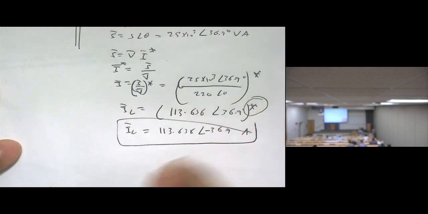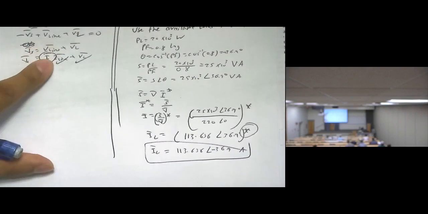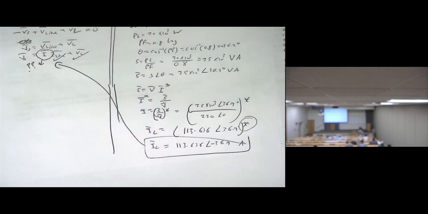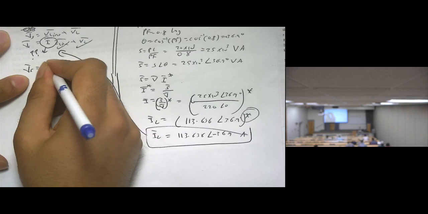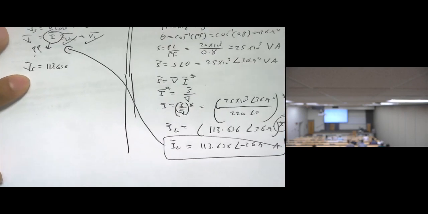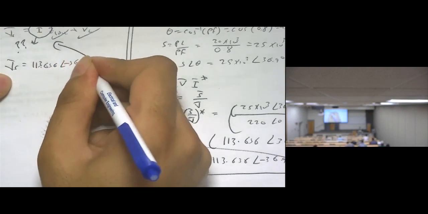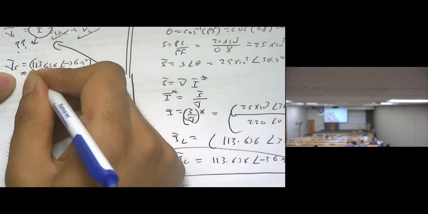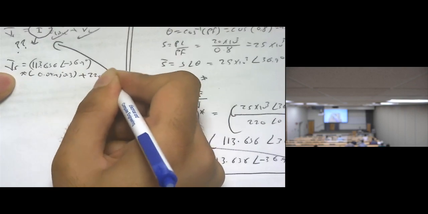Now, this is I load. Let's recall the problem here. We said we didn't know I. We already calculated it, so substitute this. Then V source will be I, which is 113.636 angle negative 36.9 degrees, times Z, which is 0.09 plus j0.3, plus V load, 220 angle 0.